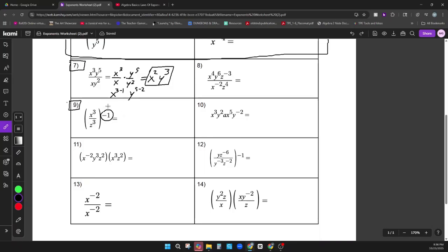What do I mean by that? Well, this -1 is going to get applied to our x to the third. The way that I write that is going to be x to the third inside parentheses still, times -1. And then I'm going to apply my -1 to my denominator as well. It applies to all terms inside of my parentheses.